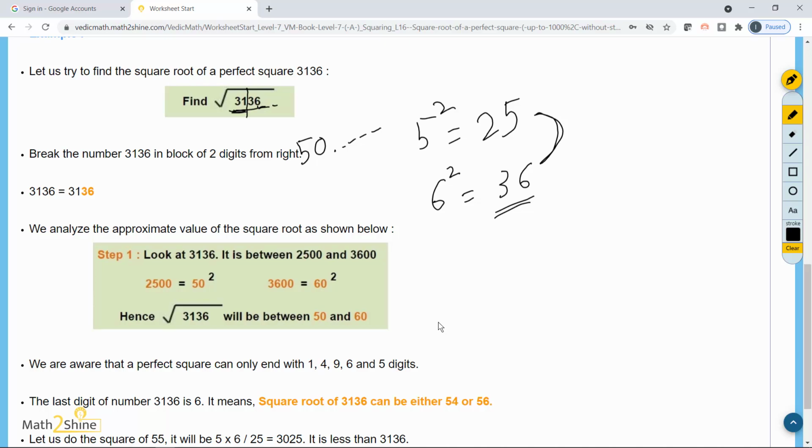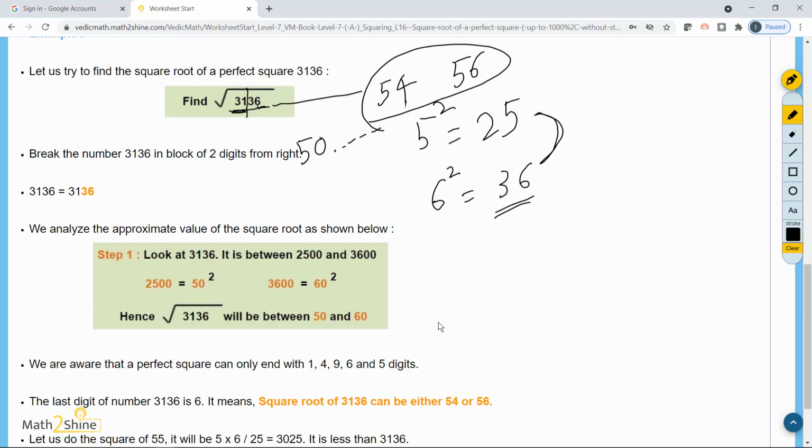The square root of this number can be either 54 or 56. So we have arrived at two choices, that the square root of 3136 can be either 54 or 56. We are not sure which number it will be. And there is a very easy way of doing it.